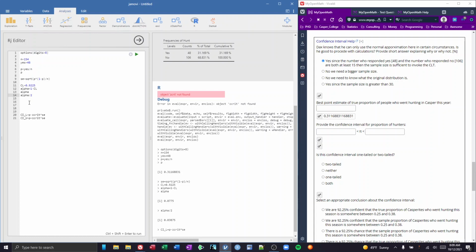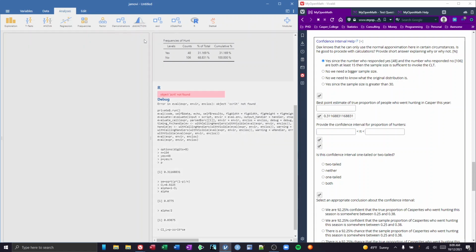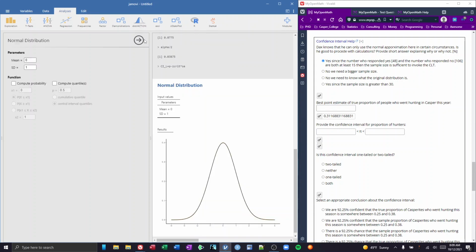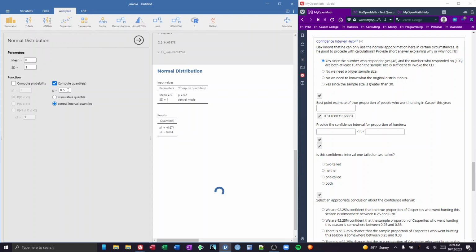Now we've got everything that we need in order to actually calculate out our Z-critical. So in order to calculate out our Z-critical, we're going to go back and use a tool that we've been using before, and we're going to use DistrACTION again. We're going to go to our normal distribution. And in our normal distribution, we are going to leave our mean and our standard deviation alone. When we calculate Z-criticals, we're going to leave those alone. Now I'm going to go compute a quantile.